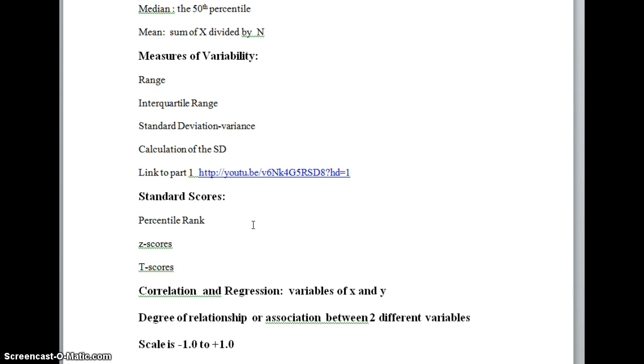Notice also where it says +1, it is a t-score of 60, and also a percentile of 84.13. How did I get that? If I'm at +1 on a z-score, and 60 on the t-score, that is equal to a percentile of 84.13.